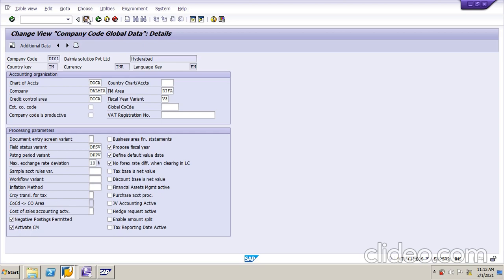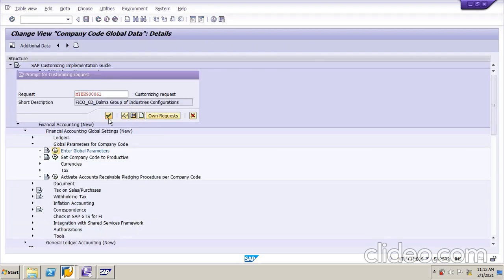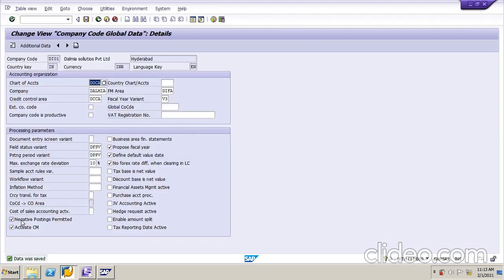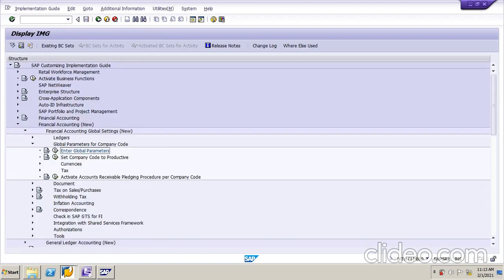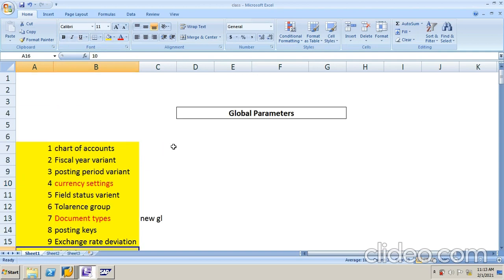This information is enough. Save the data. So this will come one by one in upcoming classes. So global parameters are completed. Till now we have completed global parameters. Enterprise structure is completed, global parameters completed.